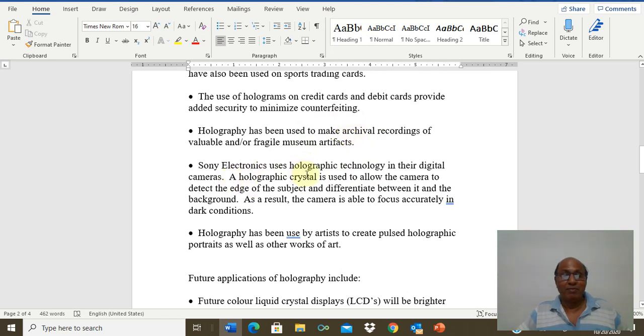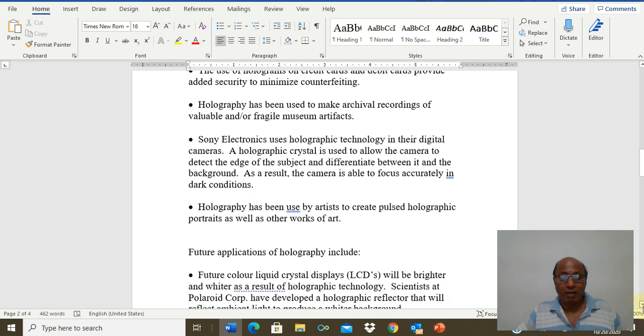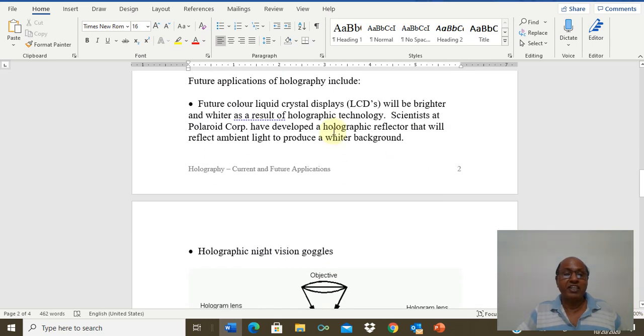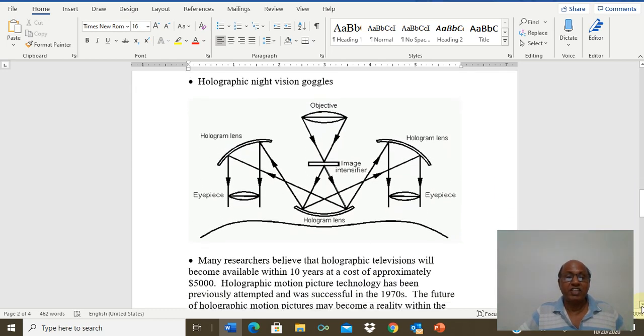Then people are now using this holographic technology in their digital cameras, right? That means cameras will be available which will be holographic and will focus accurately in dark conditions also. Some other applications are 3D TVs, which are already coming to the market, and then night vision goggles.